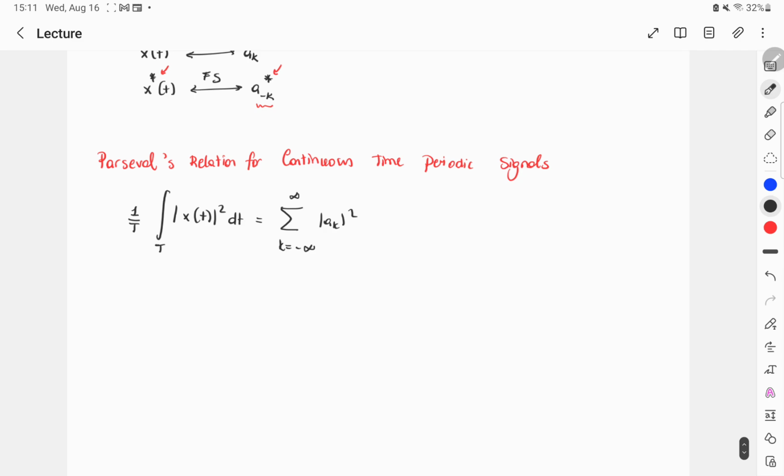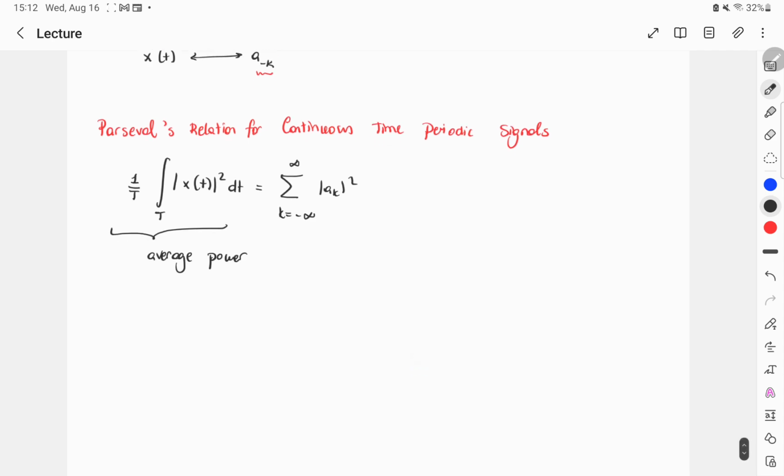And one should see that this is the average power. This equality is known as Parseval's relation for continuous time periodic signals.